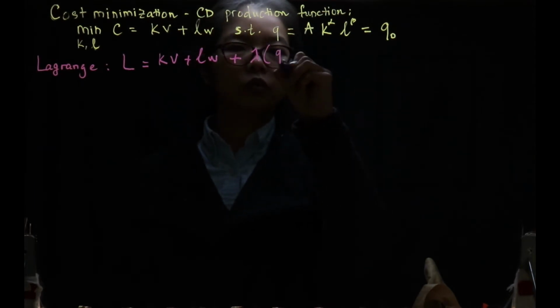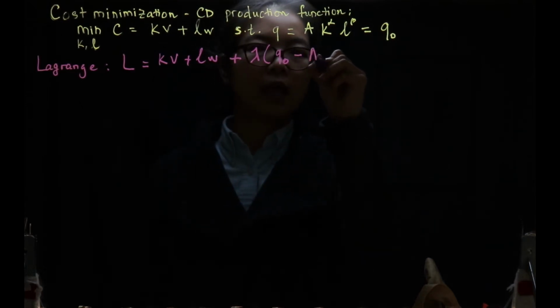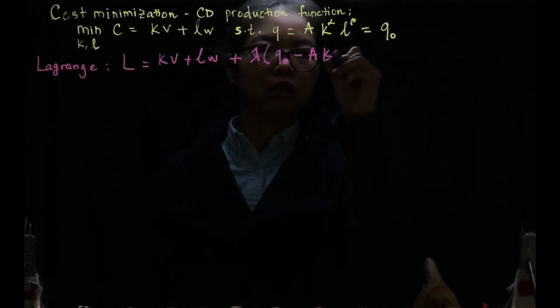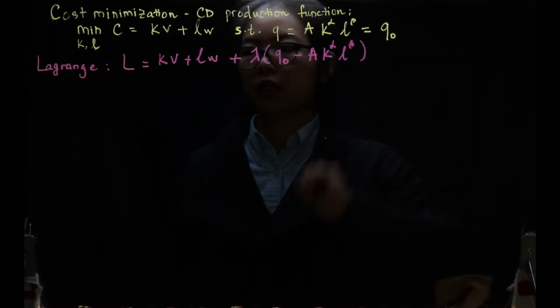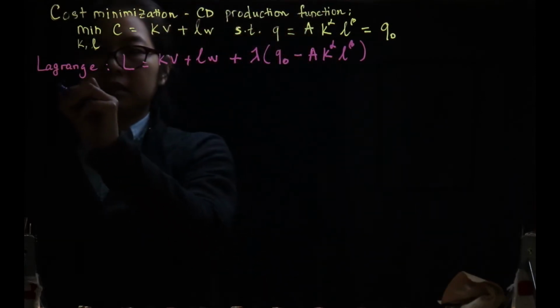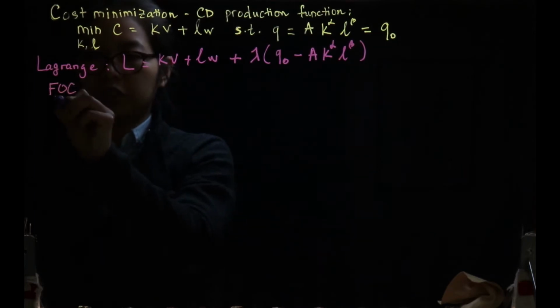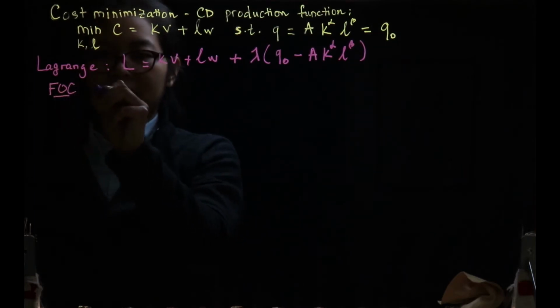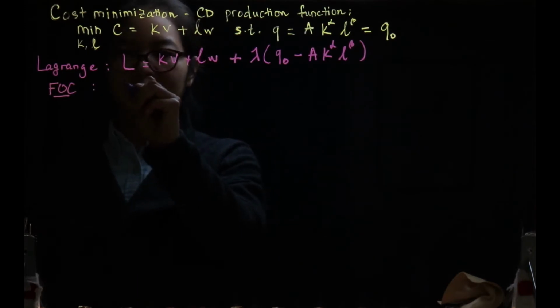Here we could write the constraint as Q0 minus A times K to the power alpha, L to the power beta, right? Let's proceed with the first order condition. By now, we all know what's happening here, right?